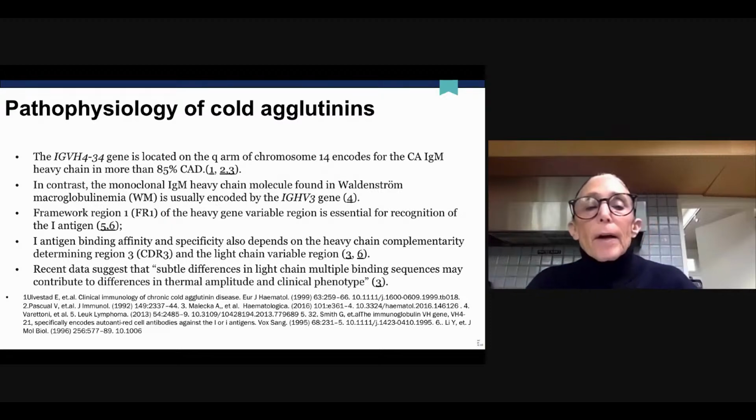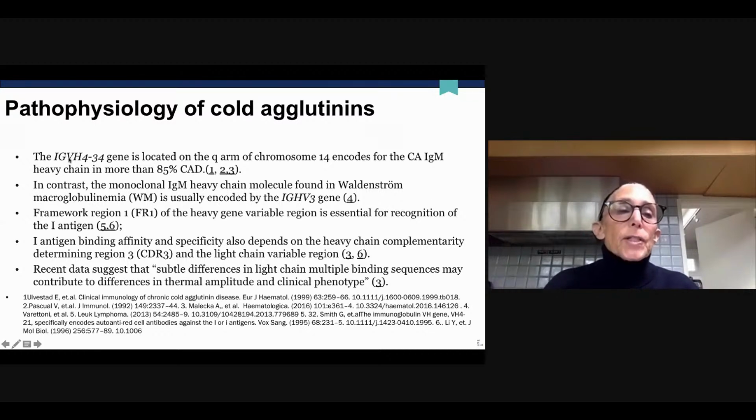Interestingly enough, there are some gene abnormalities associated with cold agglutinin disease, and one of them is the IgVH4-34 gene located on the arm of chromosome 14. You know, chromosome 14 is important in lymphoid proliferations and malignancies, and it really encodes for the IgM heavy chain, which is present in 85% of cold agglutinin disease.